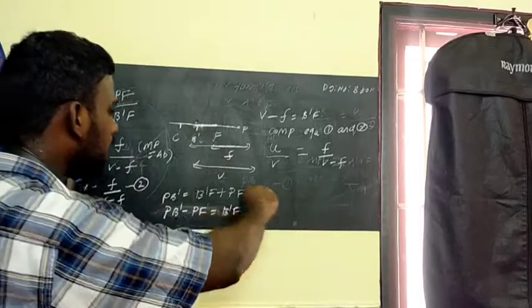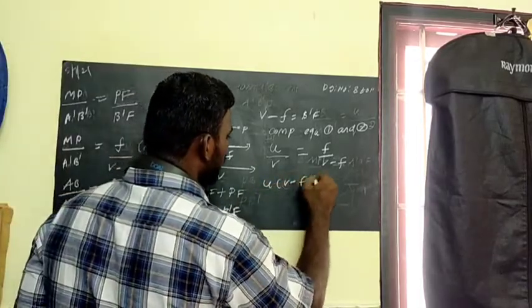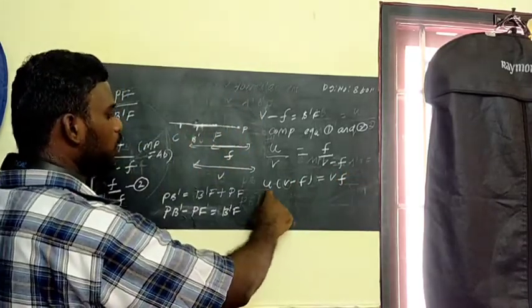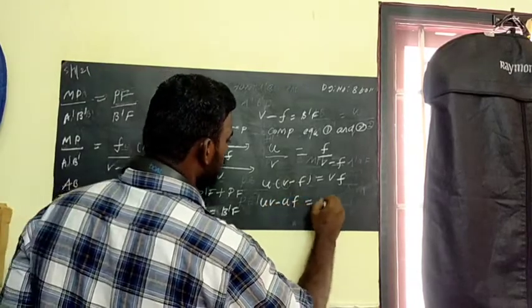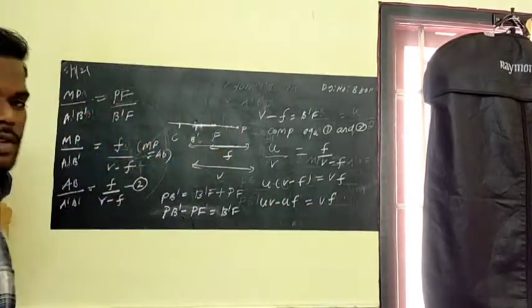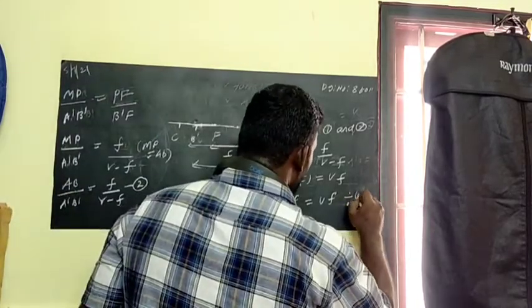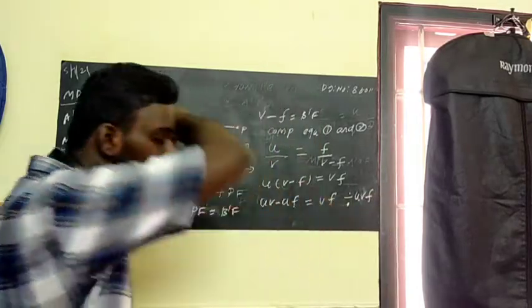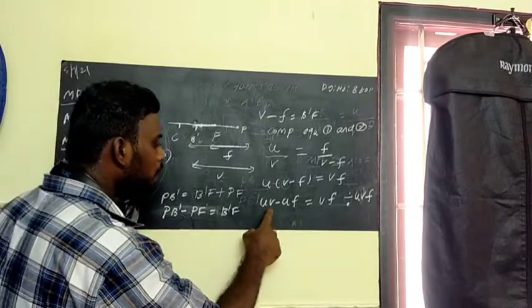Now you just cross multiply. That is u into v minus f equals vf. Multiplying the u with the inside, that is uv minus uf equals vf. Is that clear? Now dividing all the terms by uvf, what will come?